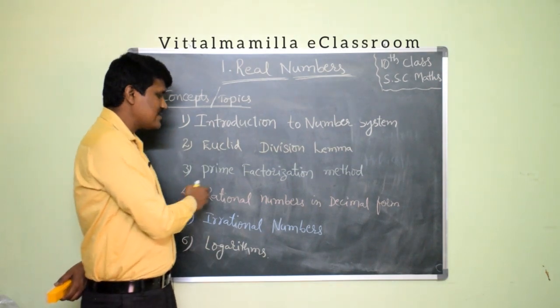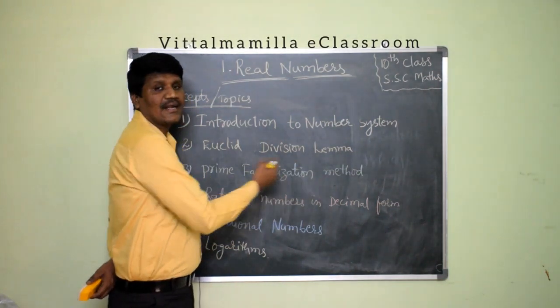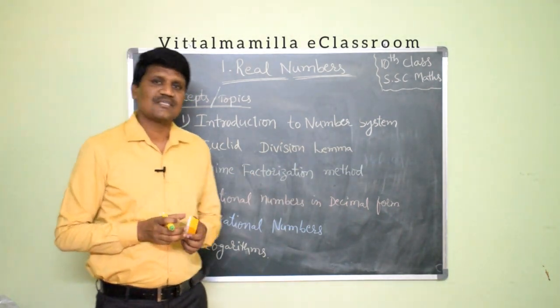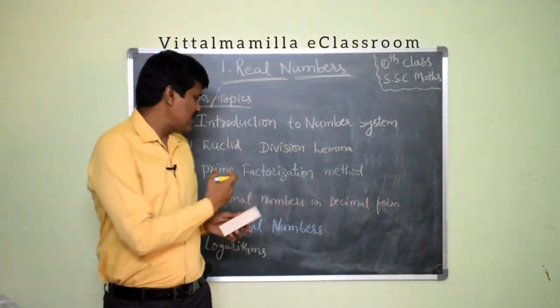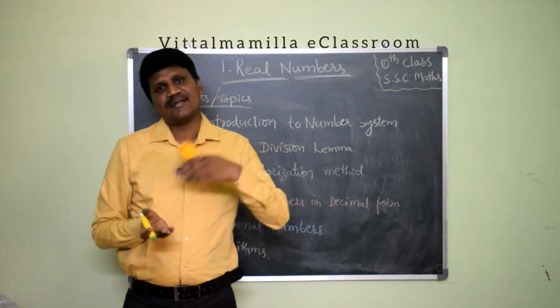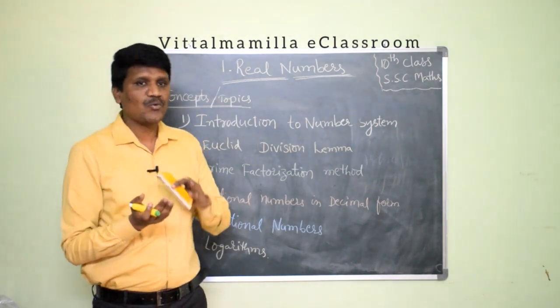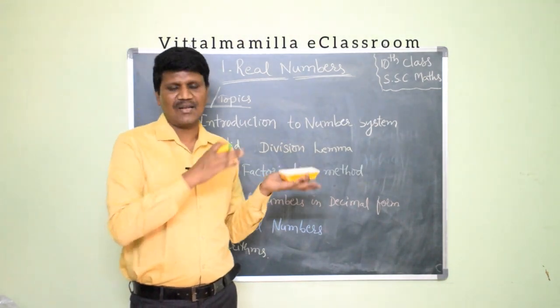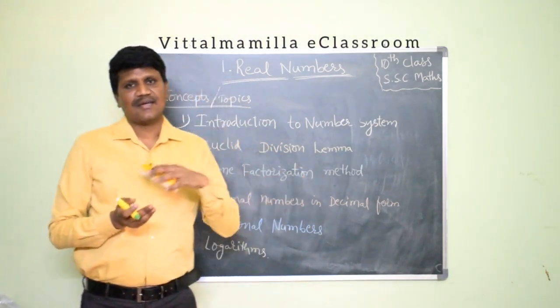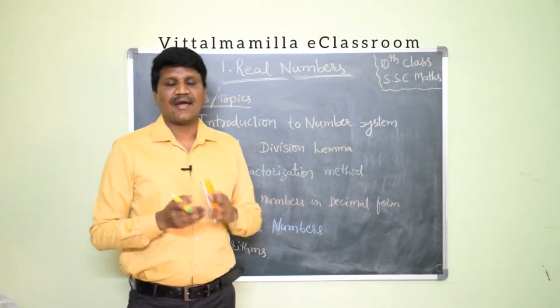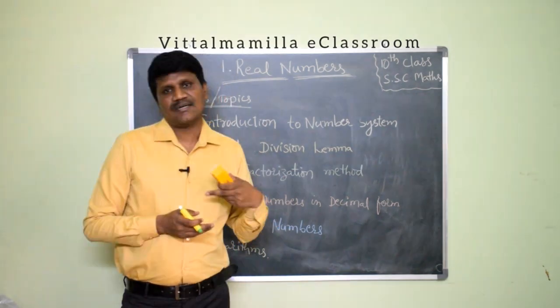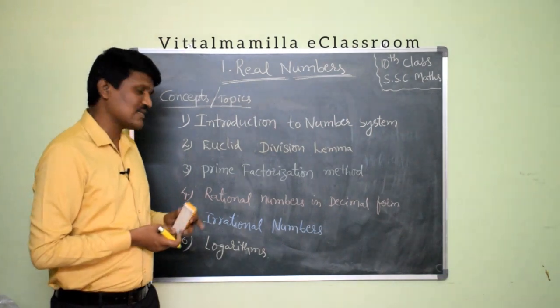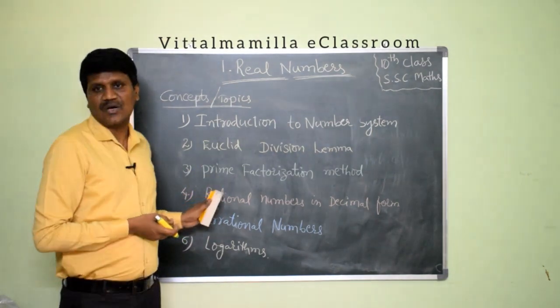Then the next topic is rational numbers in decimal form. We have rational numbers in decimal form and in fraction form. We will see how to convert fraction into decimal and decimal into fraction, and how it terminates and how it is non-terminating repeating decimal. Let us discuss this in detail in the 4th concept.